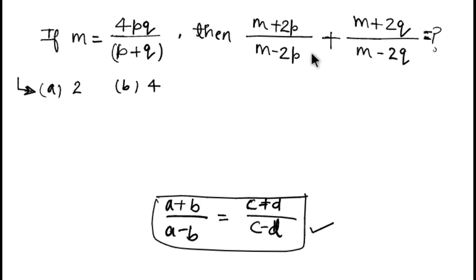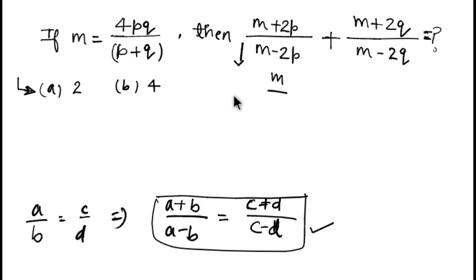Now look at this equation properly. It is like a plus b over a minus b, the same form, a plus b over a minus b. So what can I write? I can write it as m over, a by b equal to c by d. I get componendo and dividendo from this ratio.